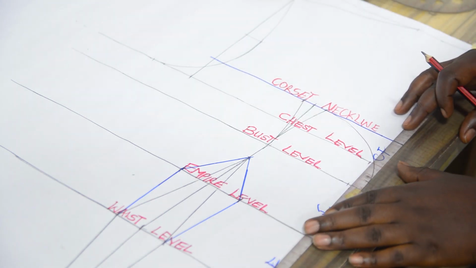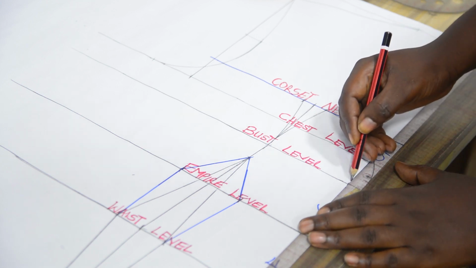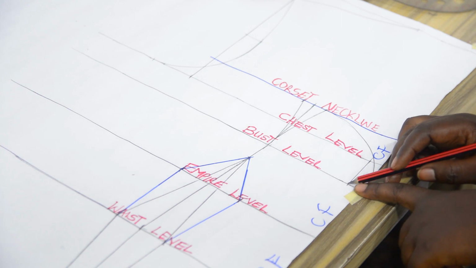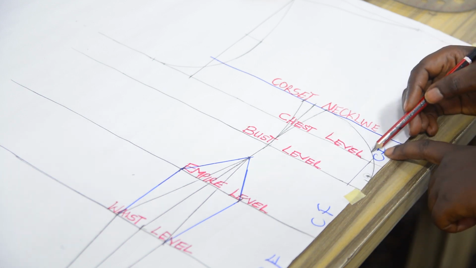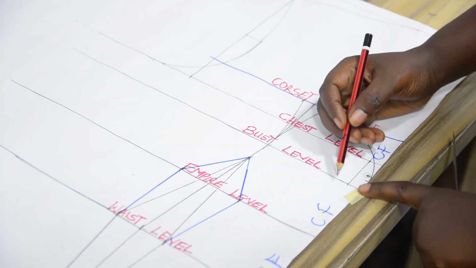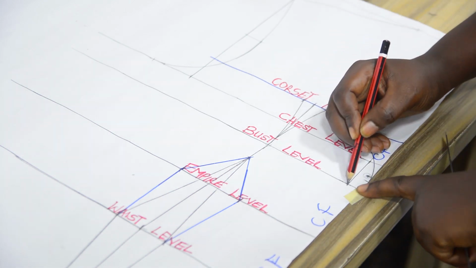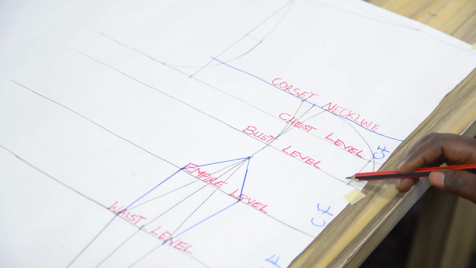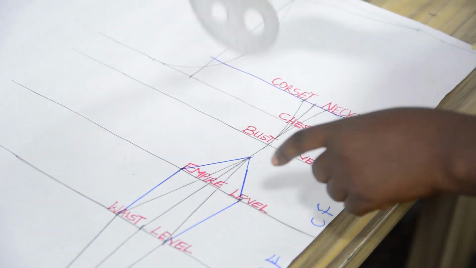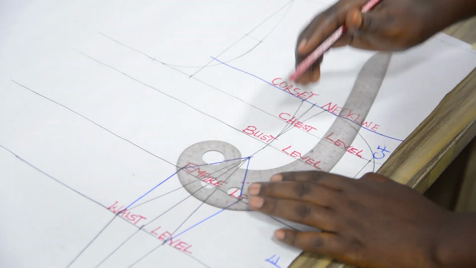Then I will bring it downward like so. You can see I extended the line to meet the curve I just drew out. The next step is to connect from the bust point, which is the 1/2 inch I measured forward, downward to the empire level. So that is the dart point I have on the empire level.